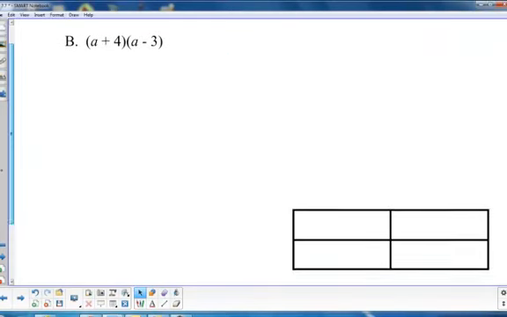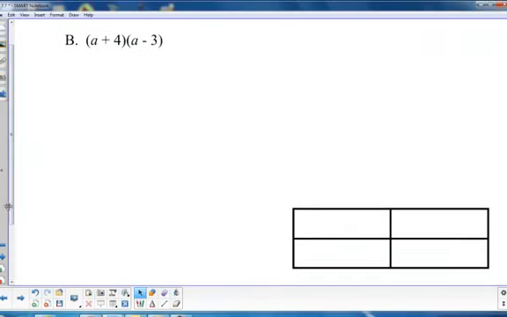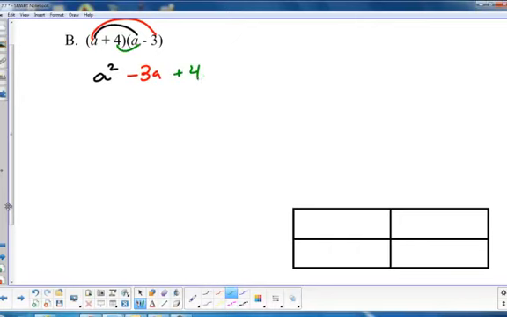Alright, so you're going to use whichever method you like best. I'm not going to do the vertical one pretty much ever, but I will show you both the FOIL, double distribution, and that matrix. So a times a is a squared. A times minus 3 is minus 3a. 4 times a is 4a.